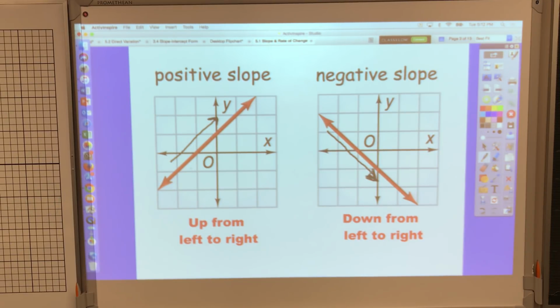Positive slope going up from left to right, negative slope going down, always from left to right. And you need to remember left to right, just like when you're reading a book.